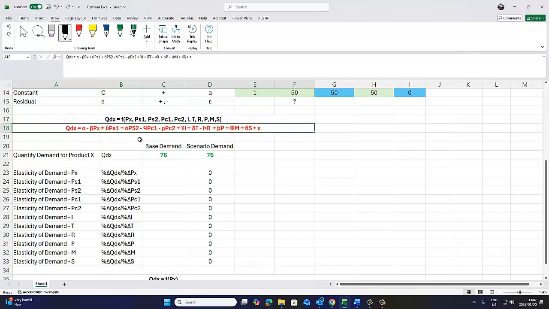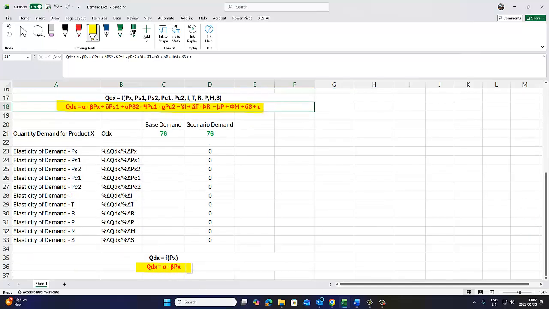Okay, so to get from this to this, we have to capture these values in our constant.